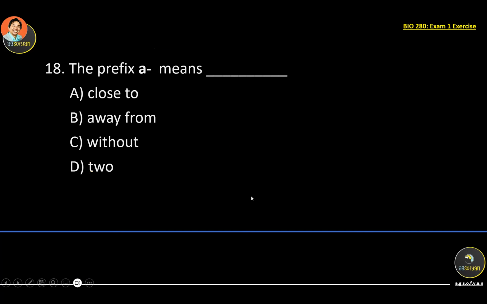Now prefix A. A means A, B, C, or D. Usually A or an, if it is at the front as a prefix, it usually means no or without. Let's say cellular.